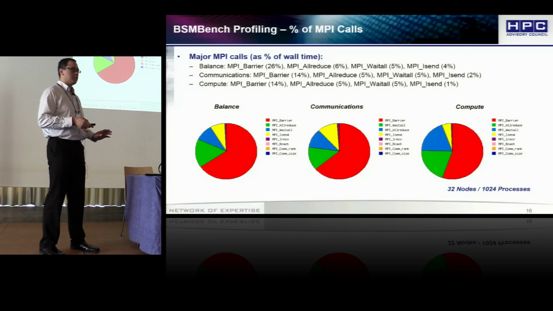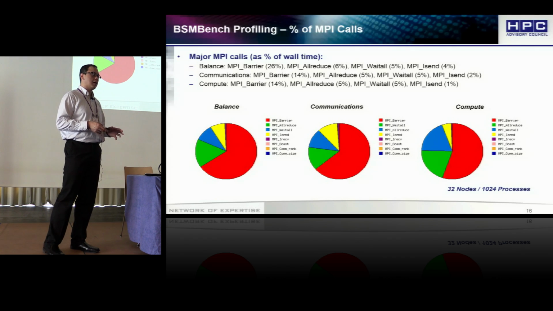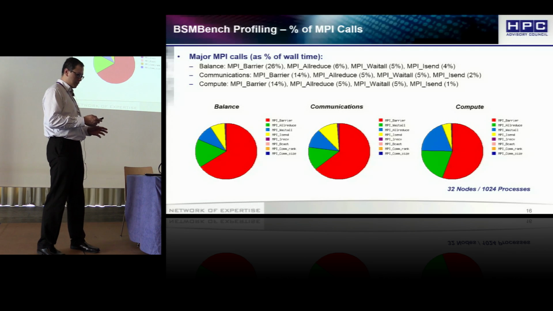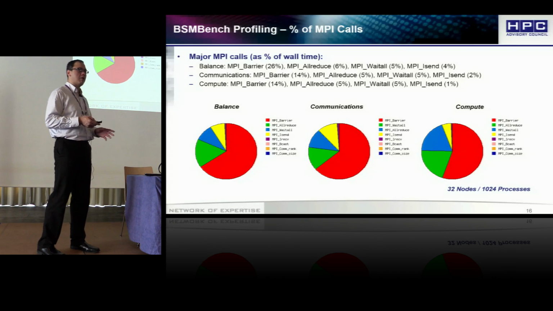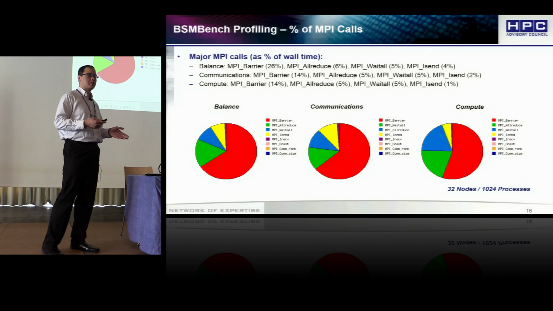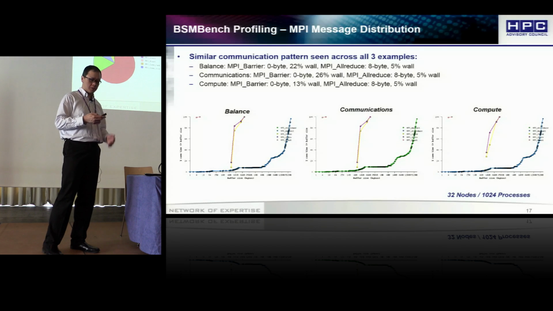But the overall MPI part compared to the overall wall clock time is still relatively small, because approximately 26 and 14% is spent on barrier compared to the overall time. The rest of the time will be computation.